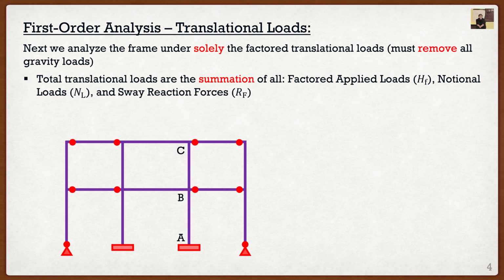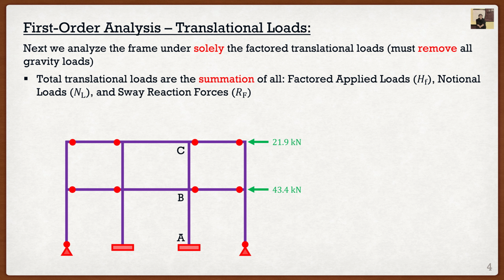So if I were to take my applied load for the first story and add it to my notional load, our first story load is then 43.4 kilonewtons. And for our second story, if I were to add the two loads, I get 21.9 kilonewtons. So again, this is all I'm going to add to my frame for the analysis. Again, I have no gravity loads.